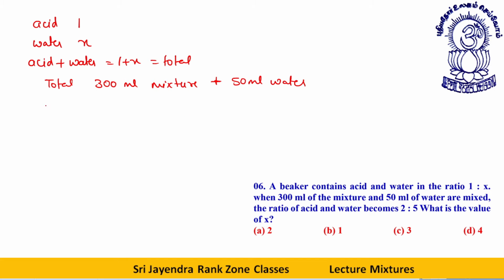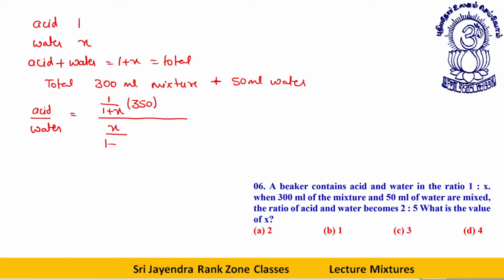Okay, dear students. Now what will happen is, see, acid upon water content. Now this is a bit tricky, you will have to be a bit careful first. See how much acid will be there. Acid is 1 part out of total of 1 plus x parts in 350 ml. This is acid. How much will be water?